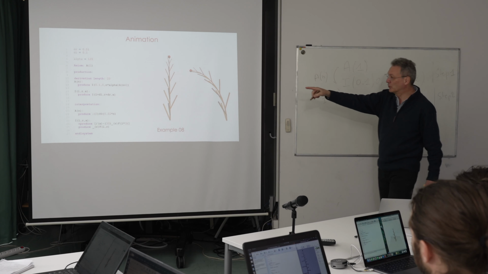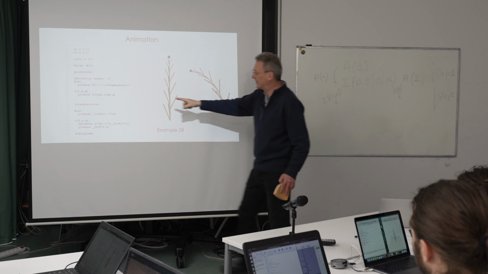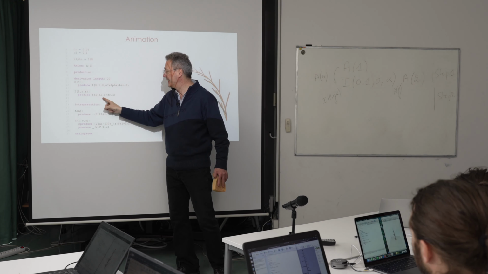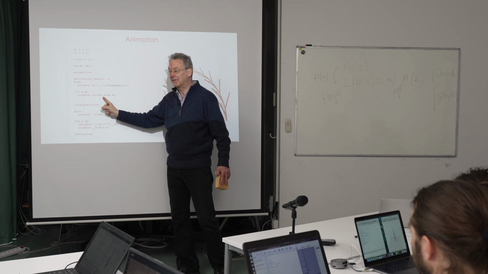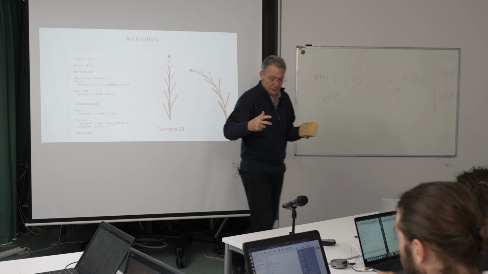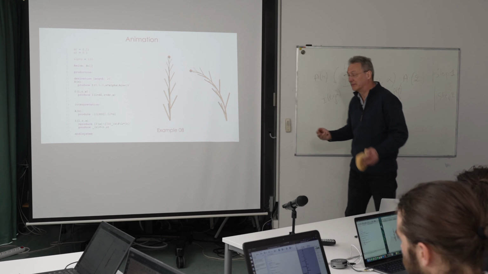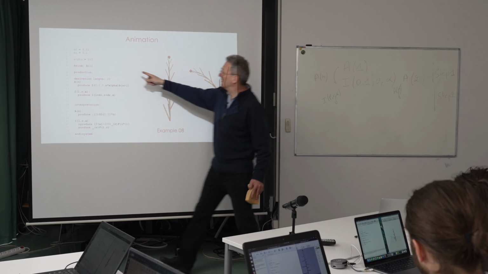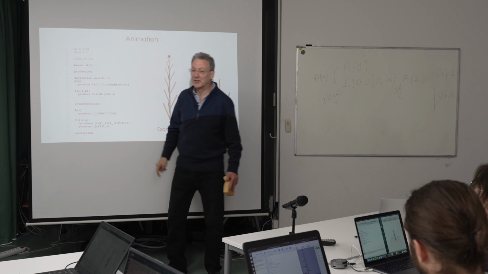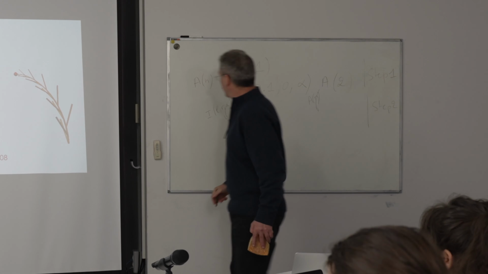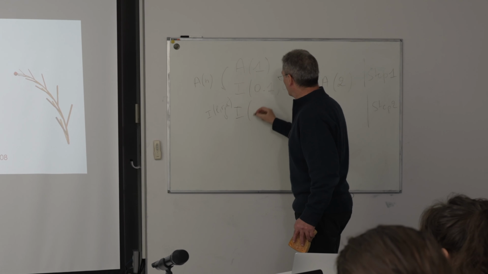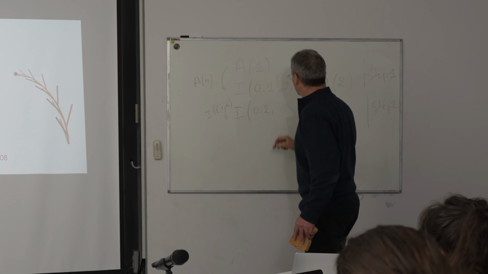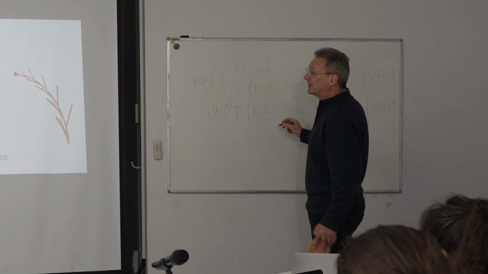Okay, and for the rule of I, what is going to happen to I is that it's going to increment the length and increment the radius, which means that I want to make it grow with time. The increments are given here. They are constant values. My increment here is 0.1, which means that I will have 0.2. The other one is 0.01.